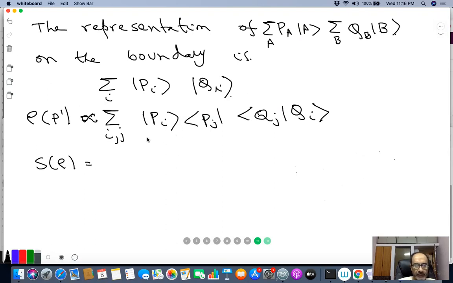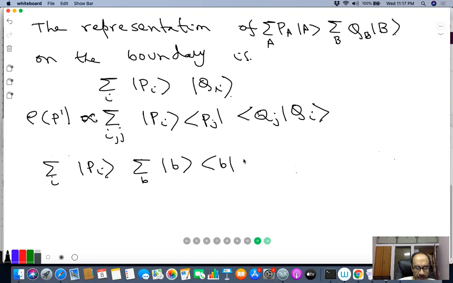Okay, so the point is that this one I can write as sum over i, pi, and then sum over b, b qi, right?